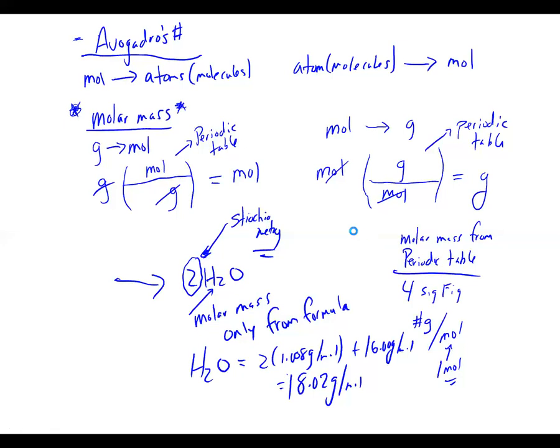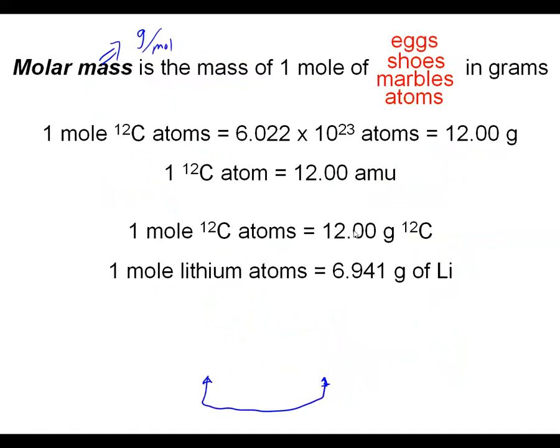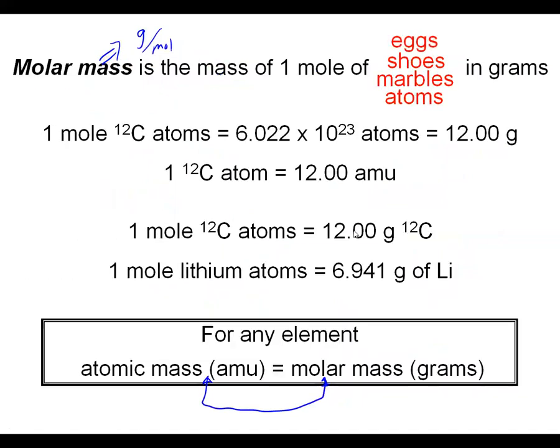Okay. Let's see here. This is what we were just looking at. There's a lot of relationships here, but essentially the idea on the slide is what we were just talking about: the atomic mass in AMU is numerically equal to the molar mass in grams per mole. That basically means that if you need the molar mass of anything, it's always available to you by simply looking on the periodic table.